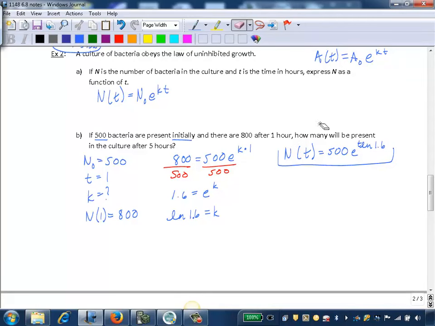So we'll just now use this function and substitute in there a t of 5. So we want to find n of 5, so 500 times e to the 5 times natural log 1.6.